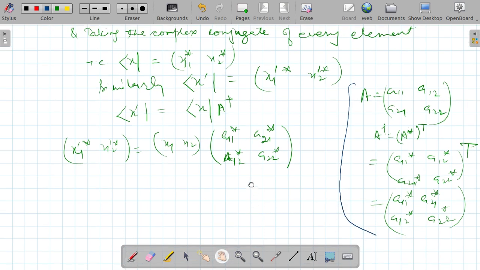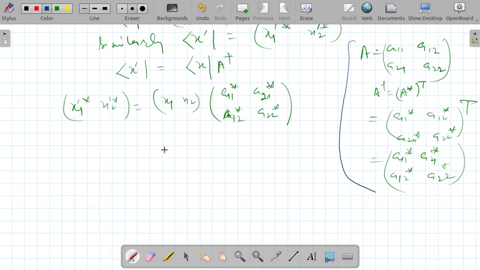So if I use it and try to solve it, what I am getting is x1 star a11 star plus x2 star a12 star, then x1 star a21 star plus x2 star a22 star.